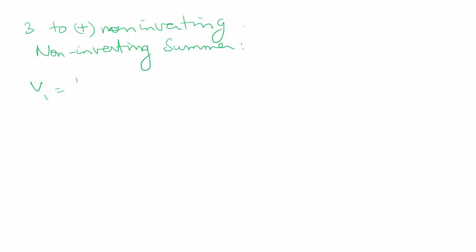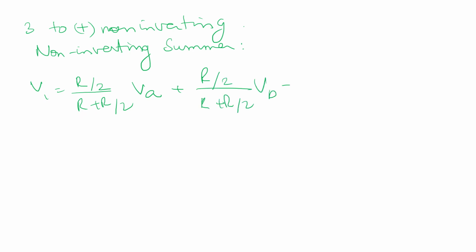So V1 will be equal to R by 2 divided by R plus R by 2 into VA, plus R by 2 divided by R plus R by 2 into VB, plus R by 2 divided by R plus R by 2 into VC.